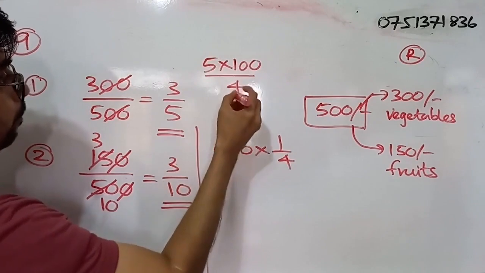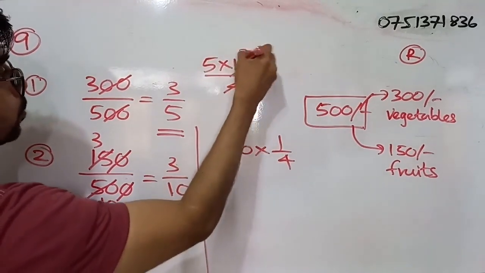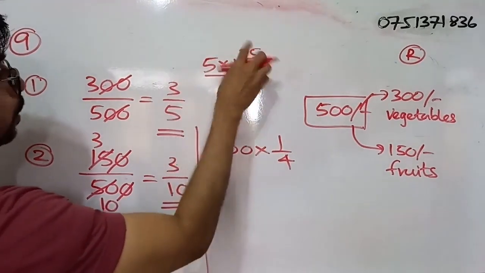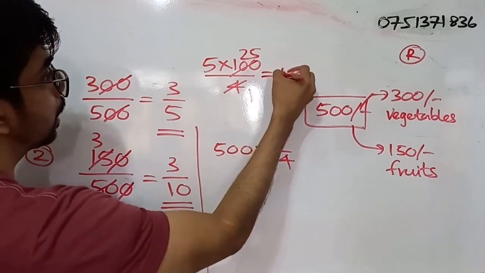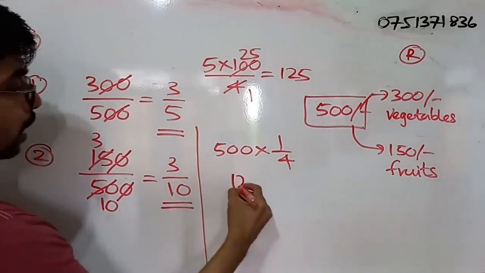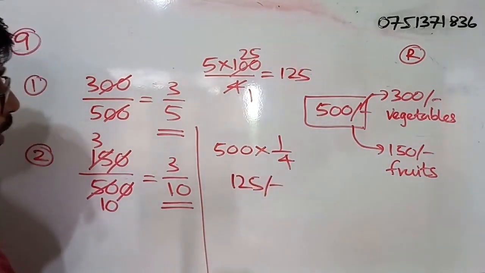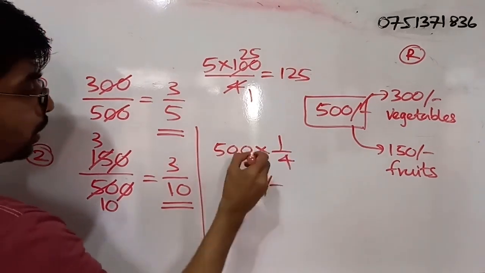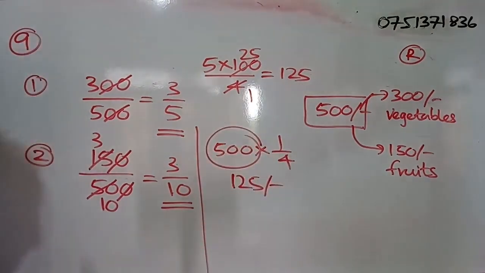I have to divide that by 4. So 4 times 1, 4 times 25. So 5 into 25, what will it be? 125. Right? So the amount of money is 125 rupees. That means a quarter from 500.